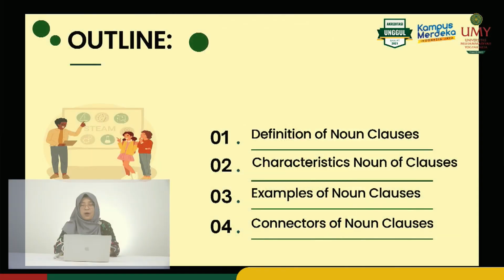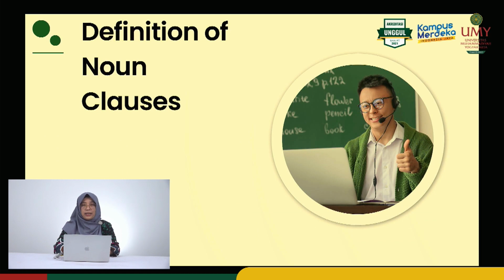Now let's start from the first one, the definition of noun clauses. Right. So what is a noun clause? A noun clause is a dependent clause consisting of a connector, subject, and verb that replaces the noun in the sentence. Remember, when we talk about adjective clause, it is meant to clarify or explain the noun.